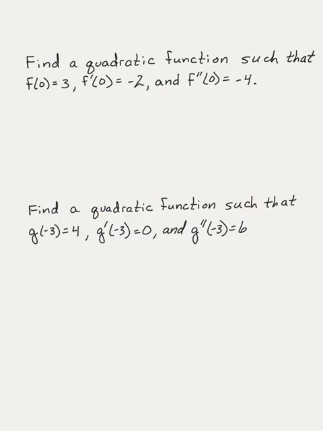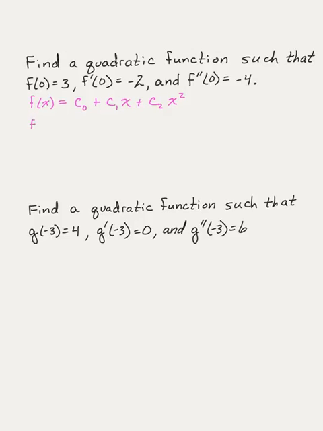So in this situation, if we let f of x equal some generic quadratic, you would have a constant, another constant times x, and another constant times x squared.